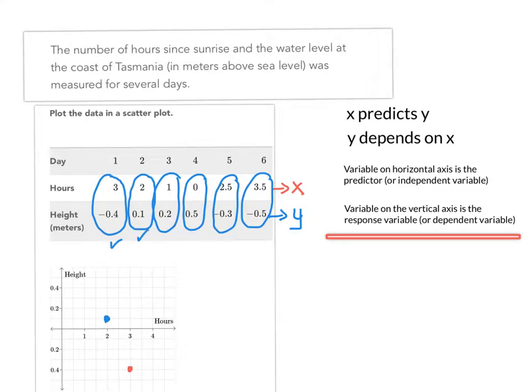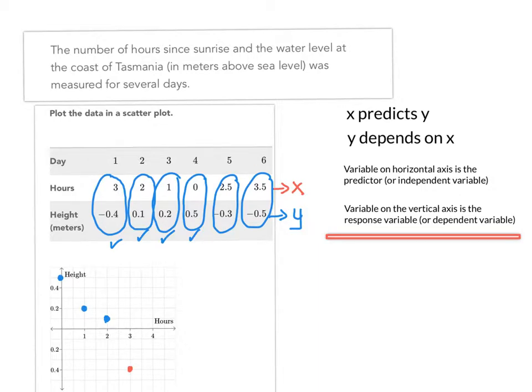At 1 hour after sunrise, we were 0.2 meters above sea level. That's this ordered pair. At 0 hours after sunrise. So what does that mean? That means at sunrise. No hours have gone by. So at sunrise, the height of the water was 0.5 meters above sea level. So that would be 0, 0.5, which would be right here.